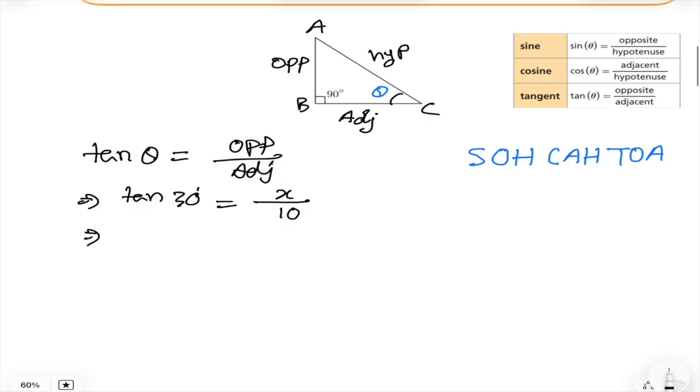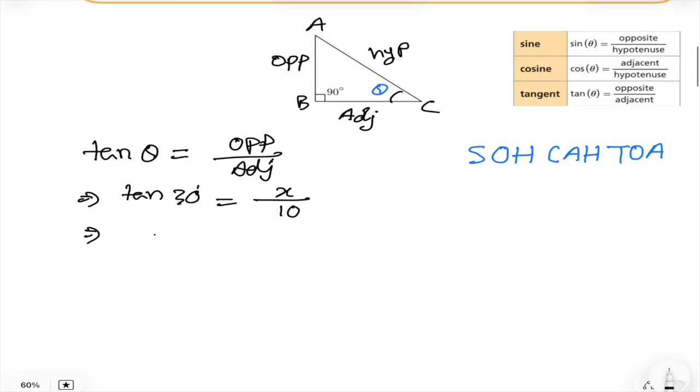So x equals 10 times tan 30 degrees. Use your calculator for tan 30 degrees. The tan 30 degrees value times 10 is 5.77.